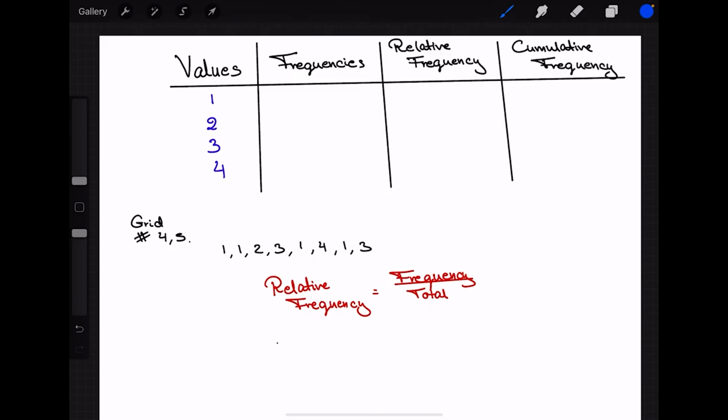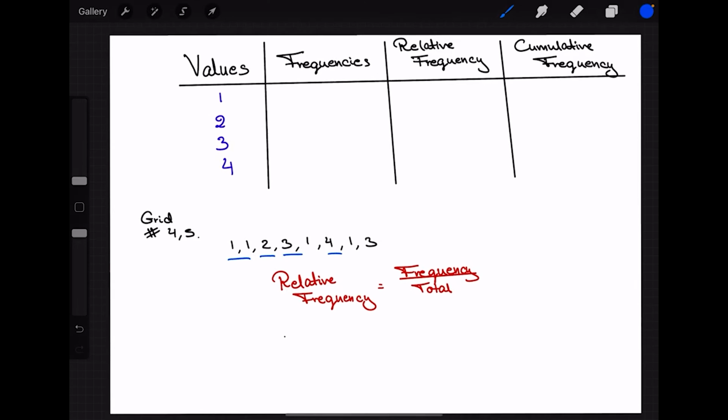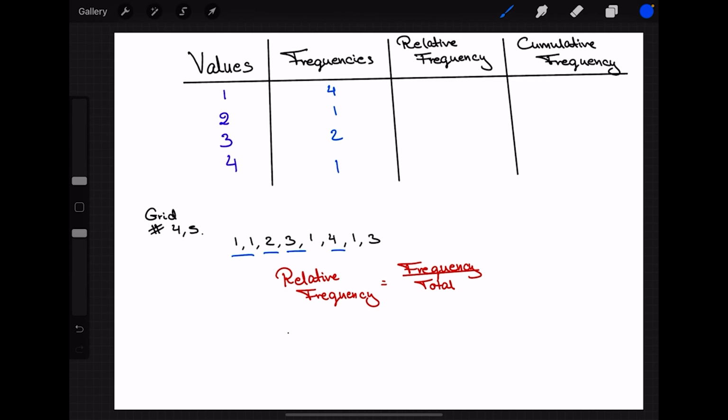Now you see we have 4 values, 1, 2, 3, and 4. So I just wrote them down in ascending order. Frequency is simply the number of times they occur in a data set. So 1 occurs 4 times, 2 occurs once, 3 occurs twice, and 4 occurs once.